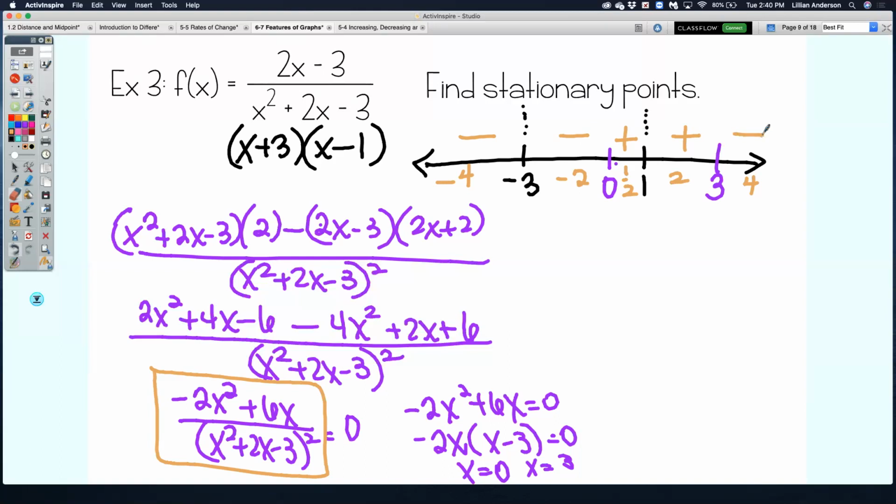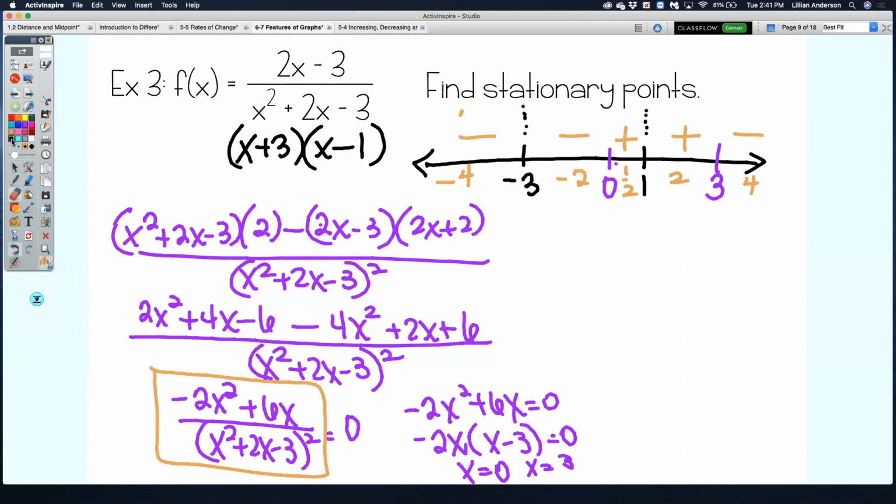Now remember, -3 and +1, those were asymptotes. So even though I go negative and then negative in between, on either side of that -3, there's an asymptote, there's a break. So I can't consider that. But at 0, I go from negative to positive. That's one of my stationary points.